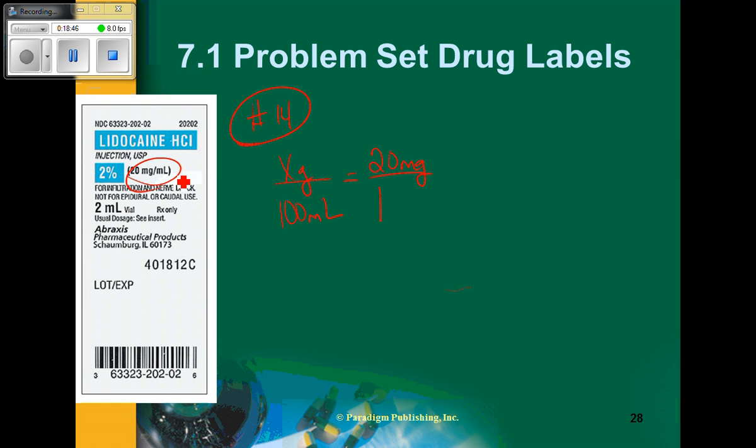If it says just milliliter, it means 1 milliliter. Again, the bottom units are the same, milliliters. Top units are weights, but they're not the same unit. So you need to convert the 20 milligrams over to grams. 20 milligrams would be equal to 0.02 grams.